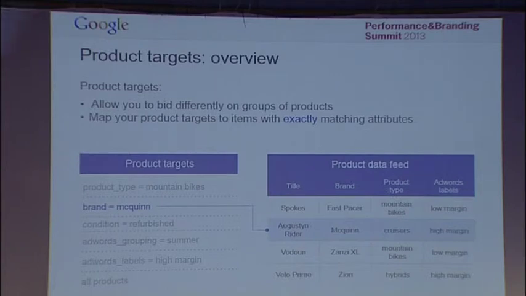That would be the second product in this example. And if you want to use custom groupings like AdWords labels for products that are your best sellers, you can do that too, and that would be the second and last product that would belong to that ad group. By default, there will always be this all product segment, which will always be triggered by default if there's nothing else more granular with a higher bid.